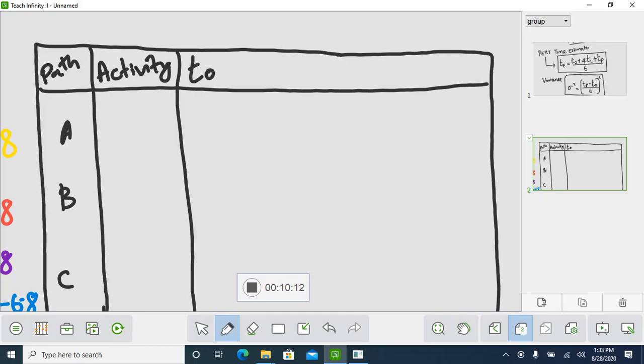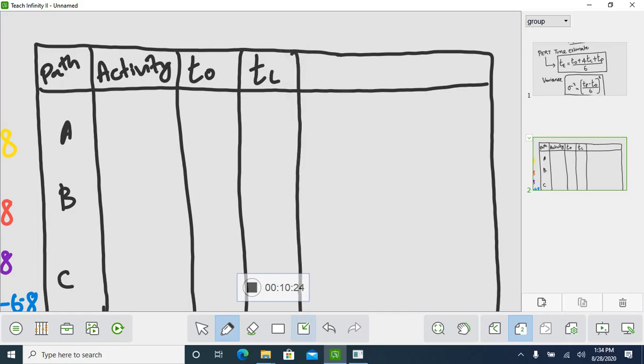So you have optimistic time, next always in the same order as per your formula: optimistic time, most likely time, then pessimistic time. Then you will be finding the TE, that is estimated time.